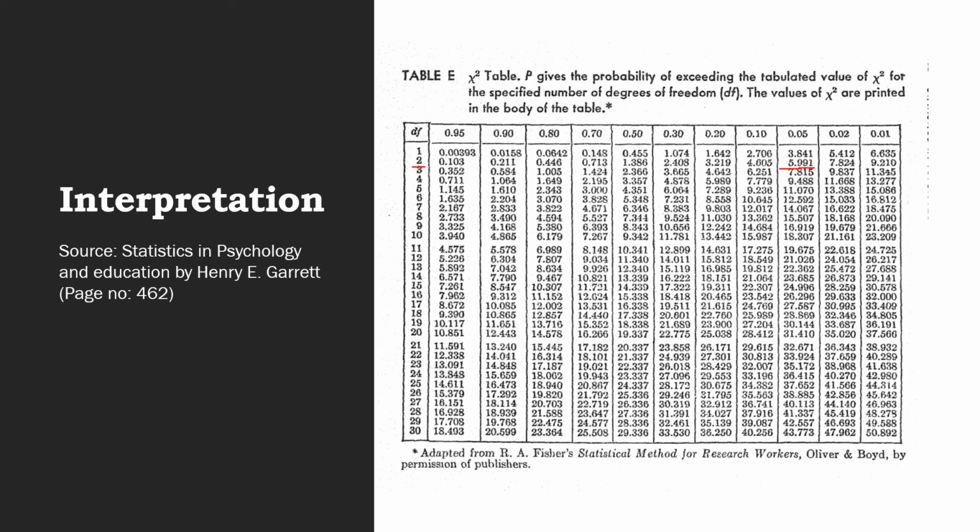Our tabled value is 5.991, but our obtained value is 6. So now we can say it's significant at the 0.05 level, but at the 0.01 level it's 9.21. So if you obtain more than 9.21, you have a significant result at 0.01. But in this case our result is significant at the 0.05 level. So this is the example.